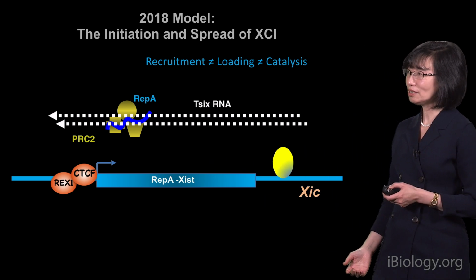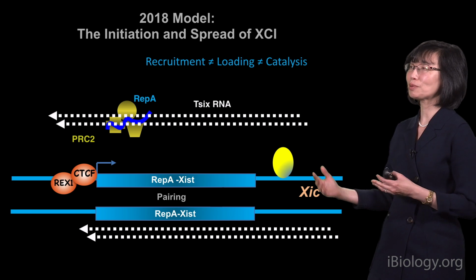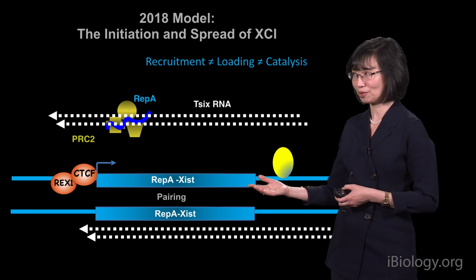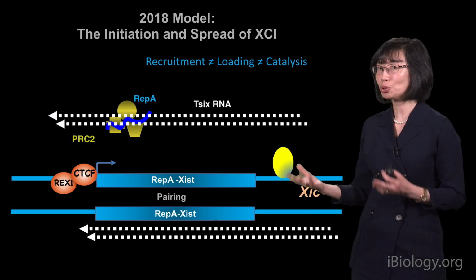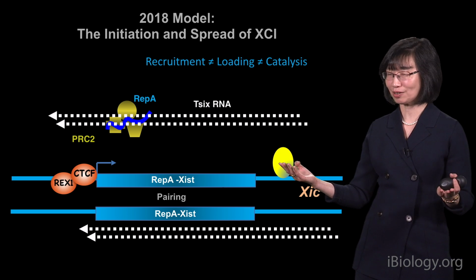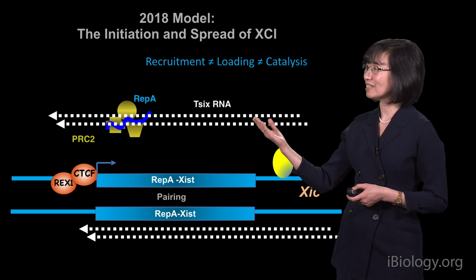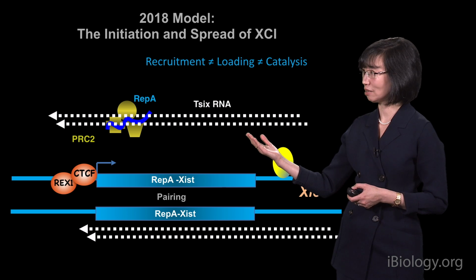And I also mentioned in lecture 2 that at this time, one of the very first things that we see during cell differentiation is a pairing of the 2 X chromosomes. And as a result of this pairing process, there's a mutually exclusive determination of the active and the inactive X chromosome, presumably through an asymmetric expression pattern of the antisense RNA Tsix.